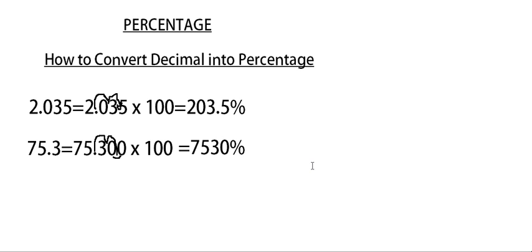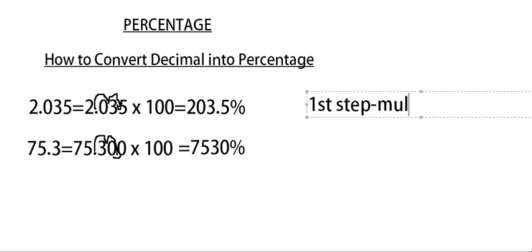So hope you've understood how you can convert decimal into percentage. It is very simple. Just remember few steps. The first step is, in order to write the answer in percentage form, you have to multiply the number with 100.